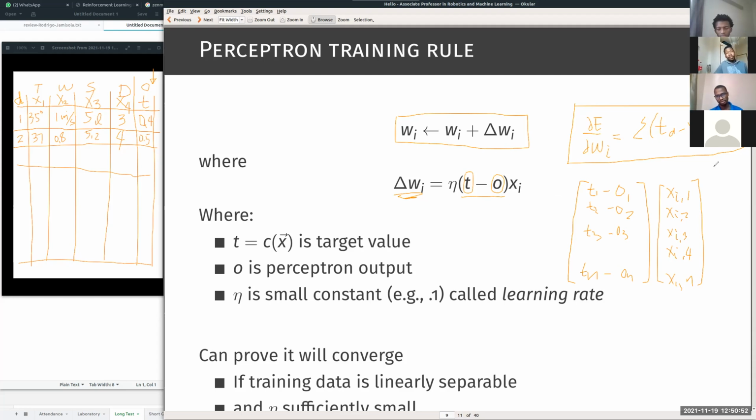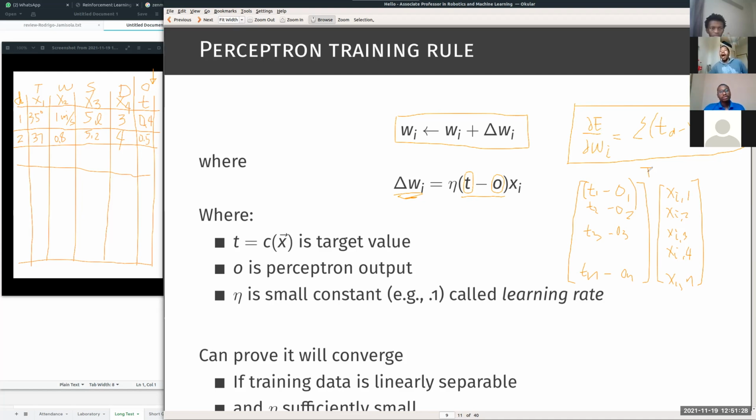The reason the summation is not here is because this should be the other way around. This should be transpose, so that now you multiply this with that one, that's the summation. So when you multiply T1 O1 multiplied by Xi1, T2 O2 multiplied by Xi2, T3 O3 multiplied by Xi3, that's where the summation comes in.